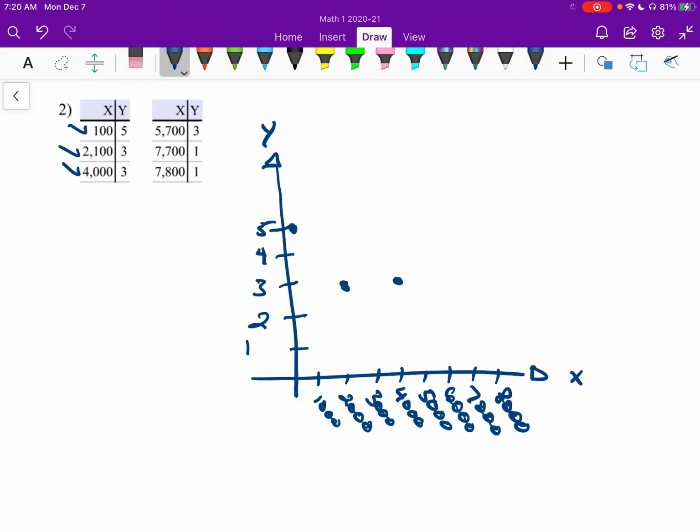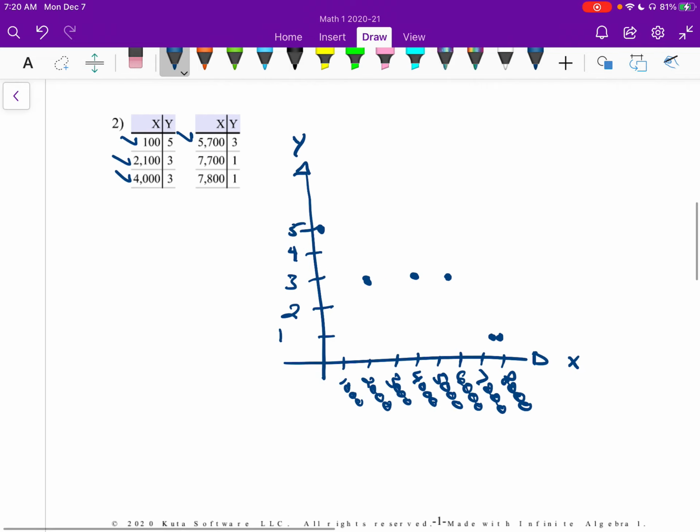So we'll go like that maybe. 7,700, same thing. It's between 7 and 8, and it's a little bit more than half. So I'll do one like that. And then 7,800 is right next to 7,700, so I'll just do right there. All right, there we are.